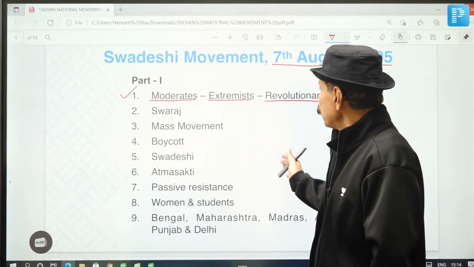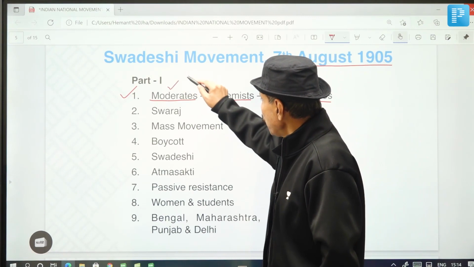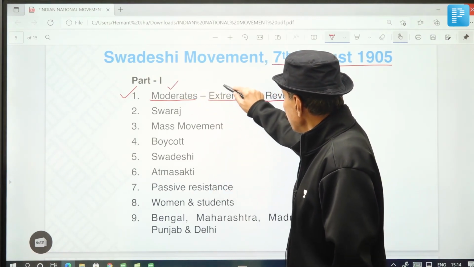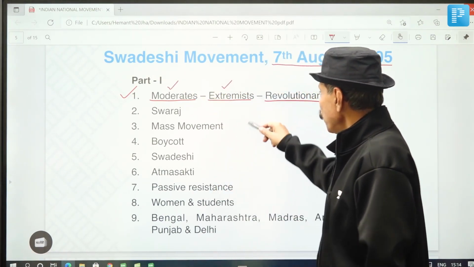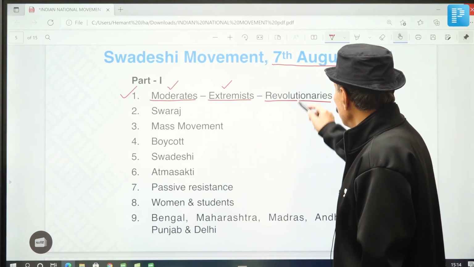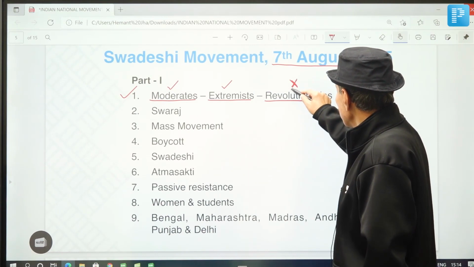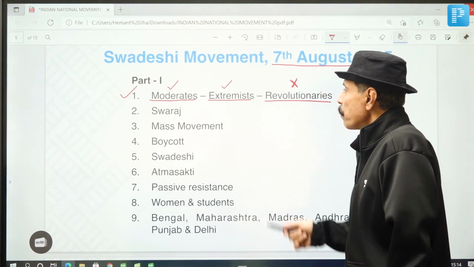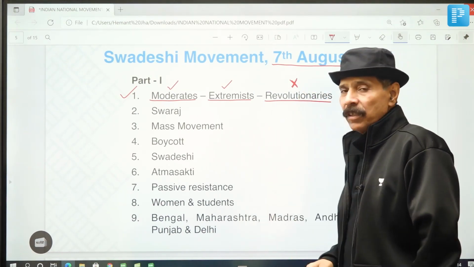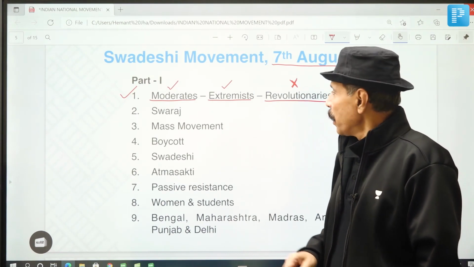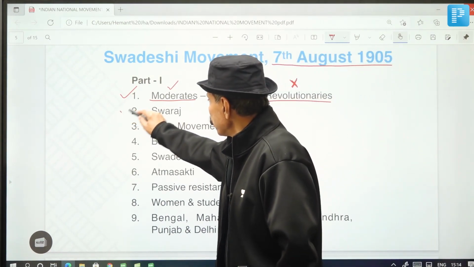And among these 3, moderates were the part of Indian National Congress. Extremists too were the part, also known as militant nationalists. But revolutionaries were not the part of Indian National Congress. They were outside this. I'm going to discuss revolutionaries as well. Second is Swaraj.